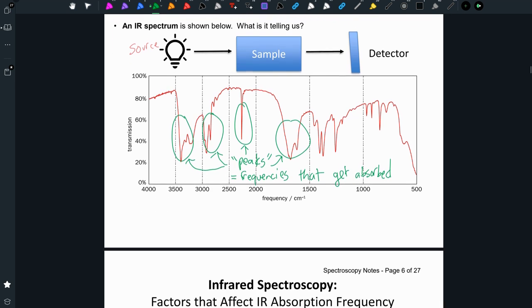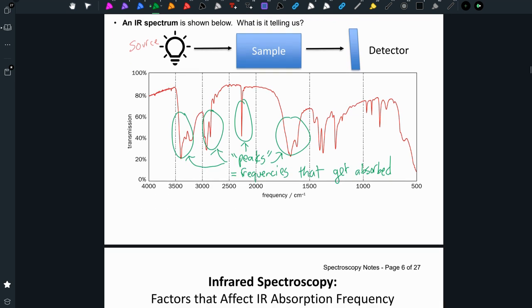You might notice the x-axis here is labeled weirdly. It's frequency, but in per centimeter. We have a name for this unit. We call this unit wave numbers. And you might ask, why are we using this unit? I think when this technique was developed, people were looking for a convenient unit that's going to give us numbers that sound good to the human brain.